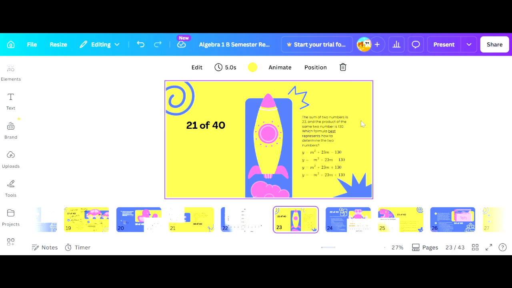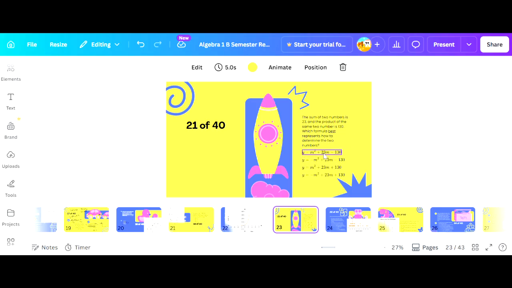I don't like any of these as an answer, and I don't remember this being in any of our lessons either. So a variable times itself plus 23 times the variable minus 130.